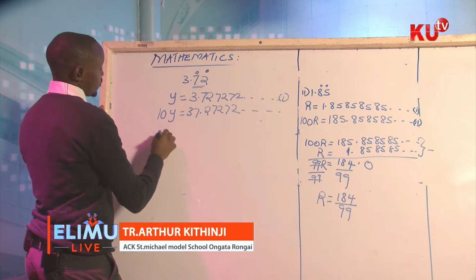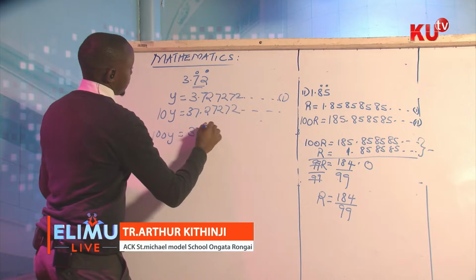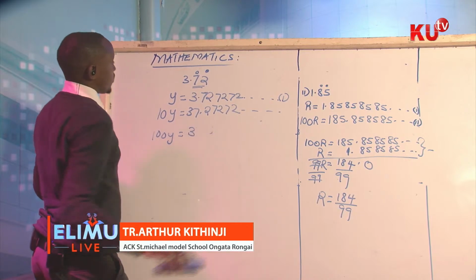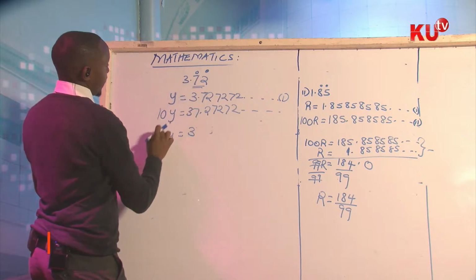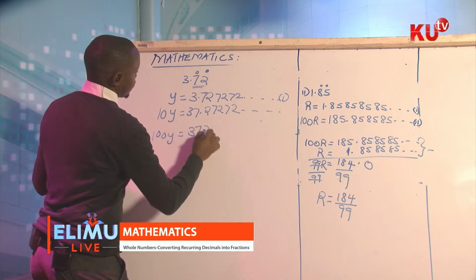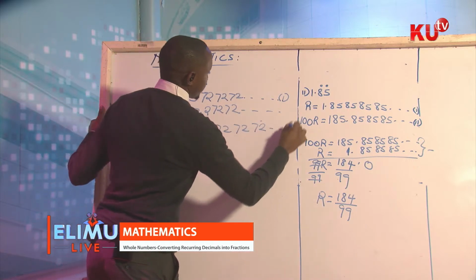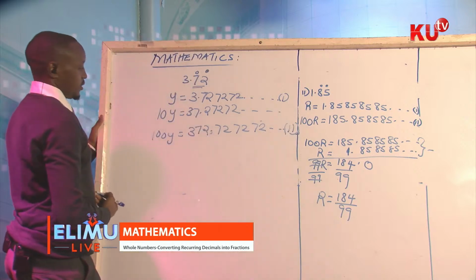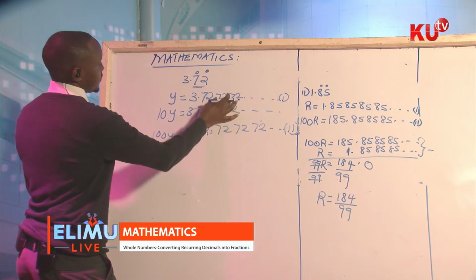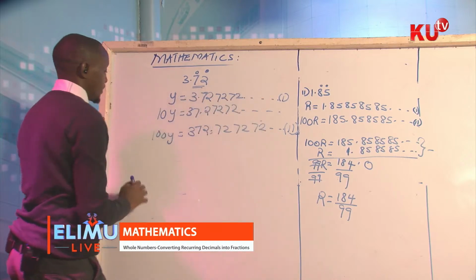So let's move on to 100y. When you multiply y by 100, that means you shall move the decimal two places to get 372.727272. So that qualifies to be our equation 2, because when you subtract 72 from 72 we'll get 0, 72 from 72 will get 0, and 72 from 72 will get 0, eliminating the decimal part.